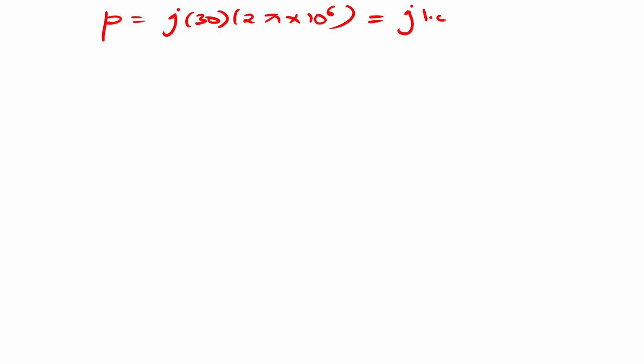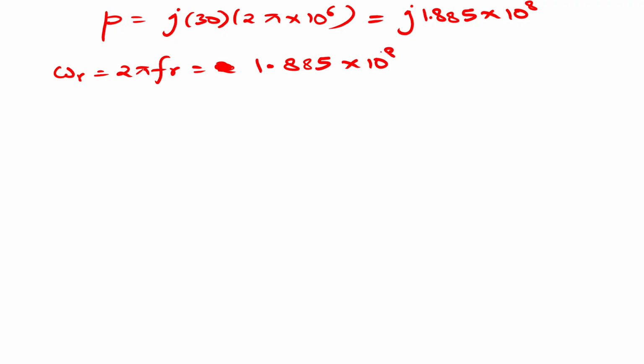j 1.885 into 10 to the power 8. And omega R is also known because we know Fr is 30 megahertz. When we solve this, it comes out to be 1.885 into 10 to the power 8. So using this we can calculate delta.